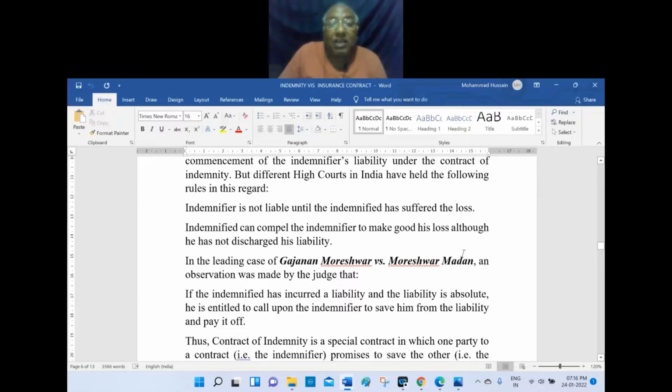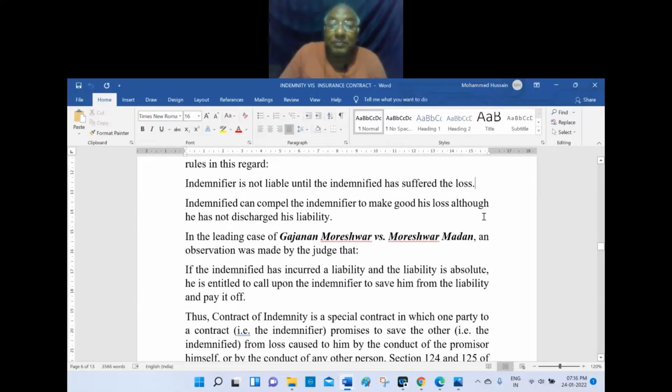The indemnifier is not liable until the indemnified has suffered the loss. The insurance company will not be liable unless the indemnified, the policyholder, has suffered the loss. Is it clear? Yes, sir.